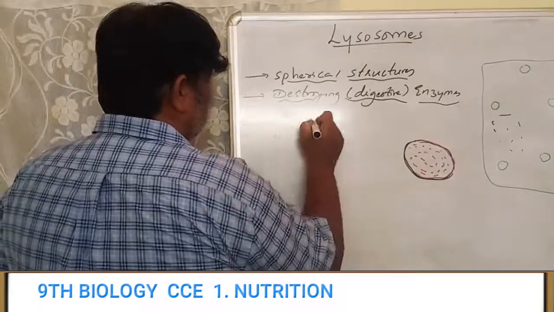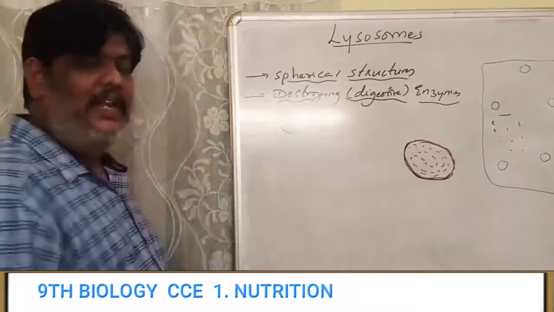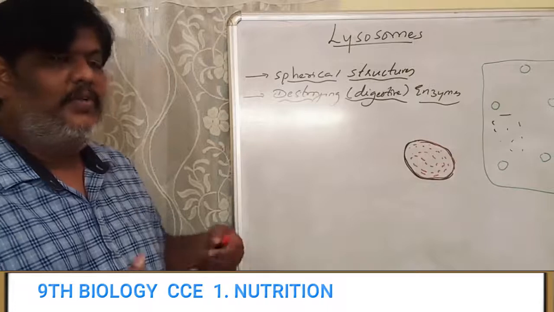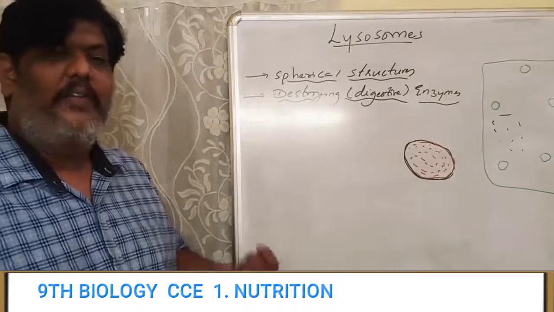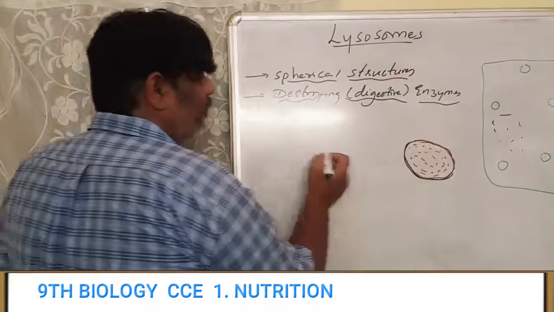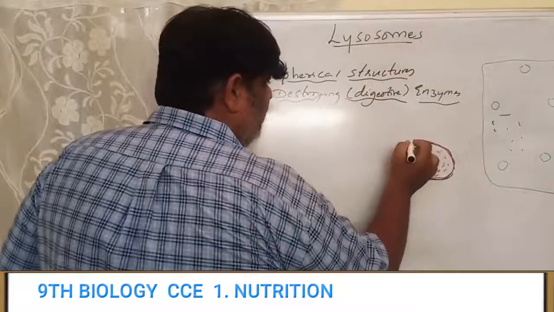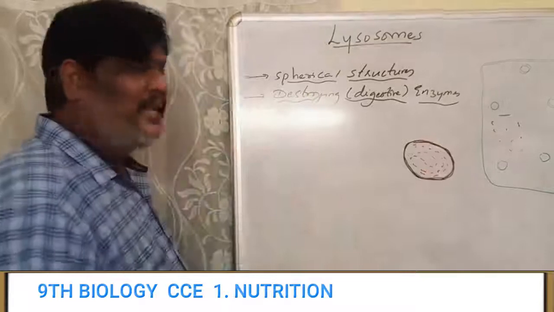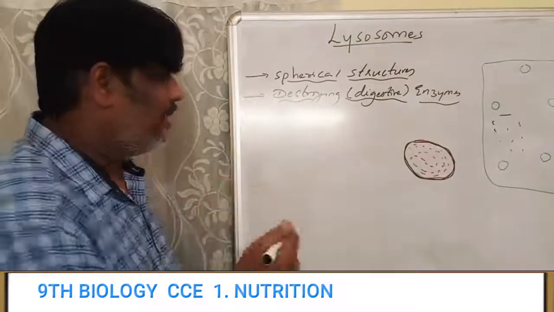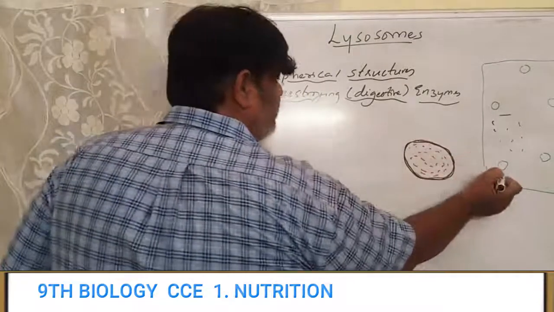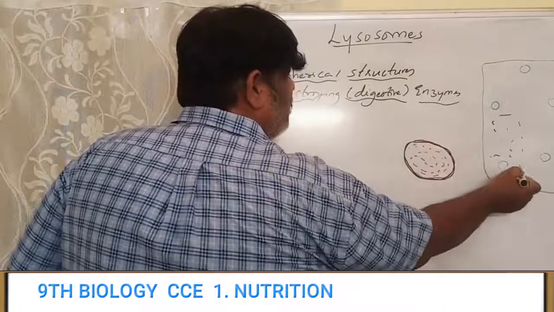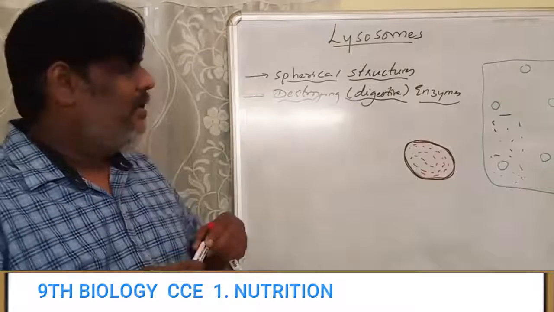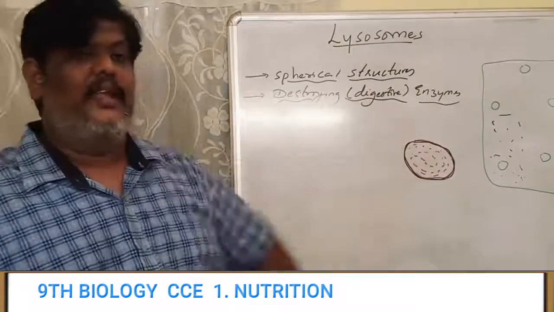Moreover, whenever the cell feels stressed and can't live anymore, if it doesn't want to function, then the cell will make the lysosomes burst open. In that case the lysosomes will burst open and all the digestive enzymes will come out of the lysosome, and they will go and digest or kill the structures which are in the cell.